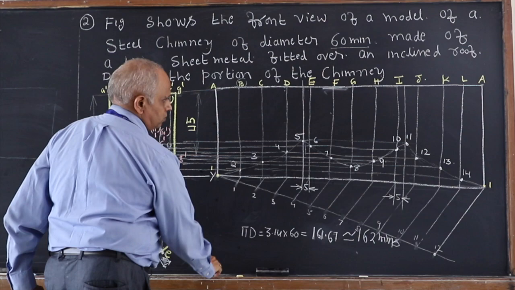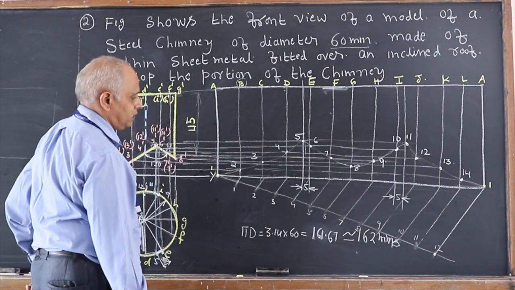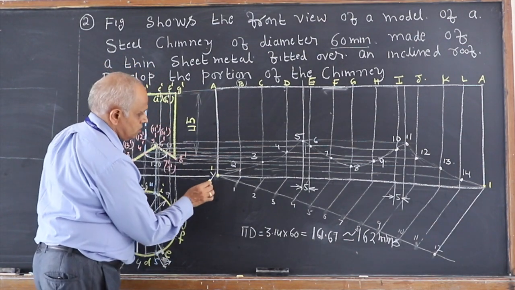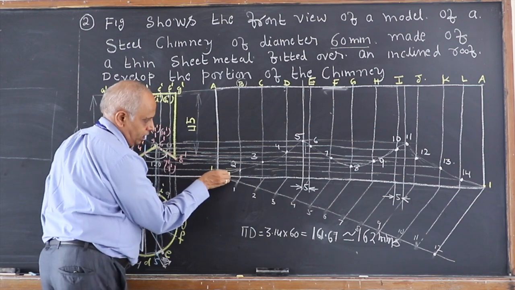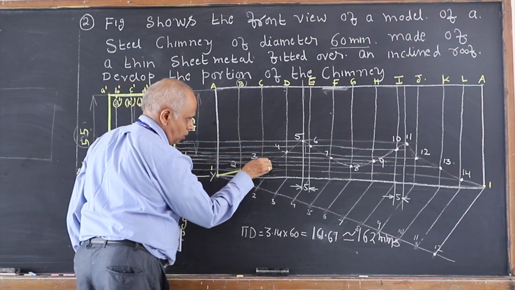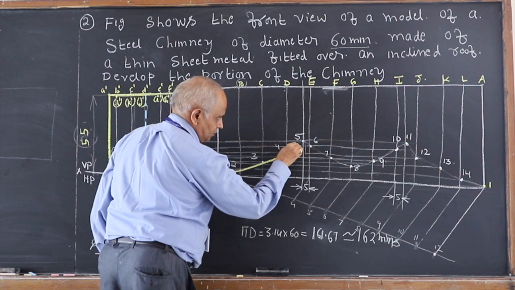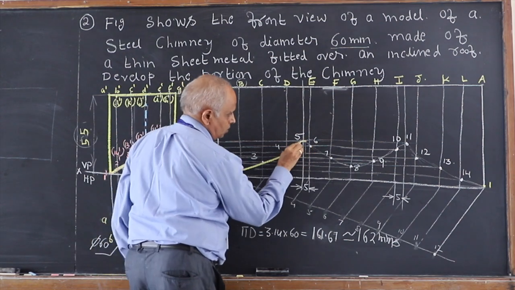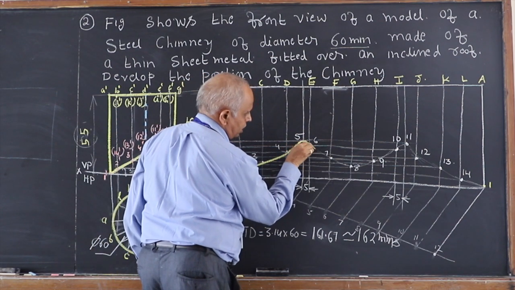And remember, it has to be a smooth curve, no double tangent points. Make it continuously thick, passing through all these points. It should be a smooth transition here.